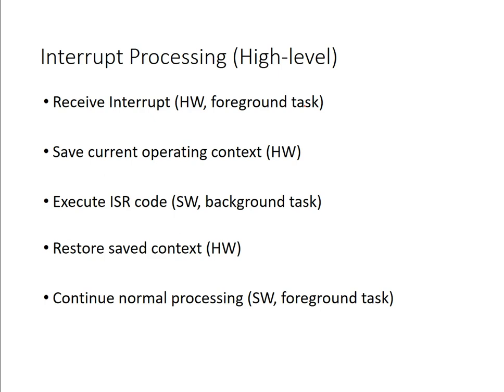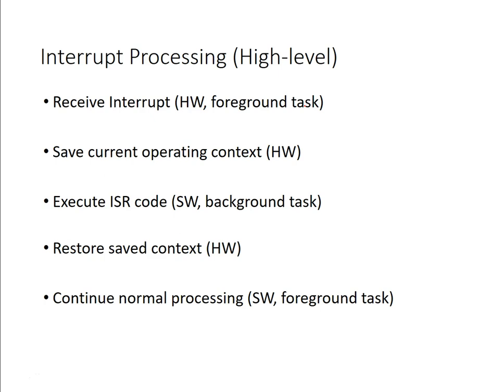This could be different types of architectural registers, but one in particular register that's important is the PC, because remember, after we finish the ISR, we need to come back to the location of the main program where we were currently executing before we were interrupted. We can then start executing the ISR code. And then at the end, we're going to restore any state that was saved and then switch back execution to the main program.